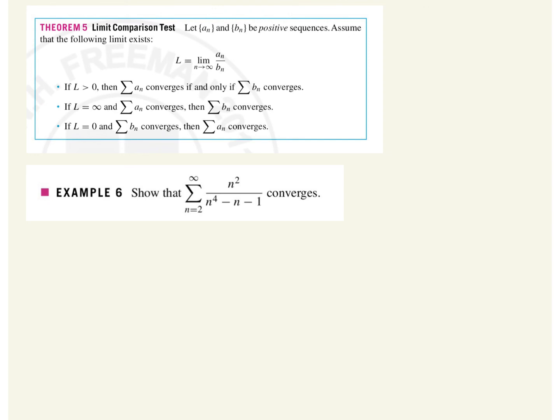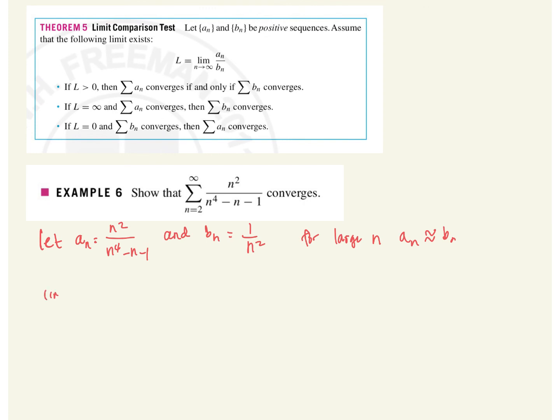So we are letting a sub n equal n squared over n to the fourth minus n minus 1, and b sub n equals 1 over n squared. In this case, for large n, if we take a look at the degrees of each of these, a sub n is approximately equal to b sub n.